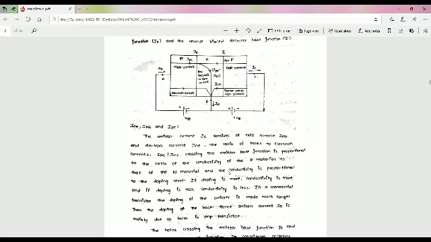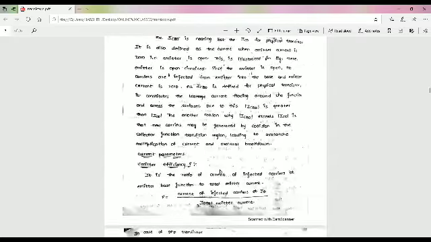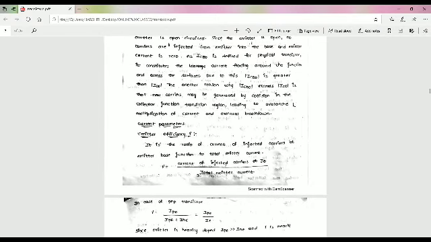Another reason why ICB naught exceeds IC naught is that new carriers may be generated by collision in the collector junction transition region, leading to avalanche multiplication of the current and breakdown condition. Okay, this is the condition.